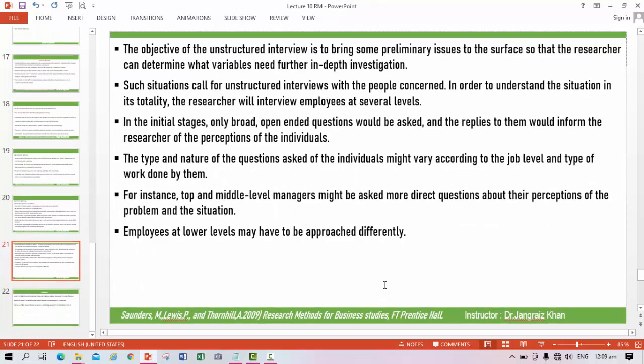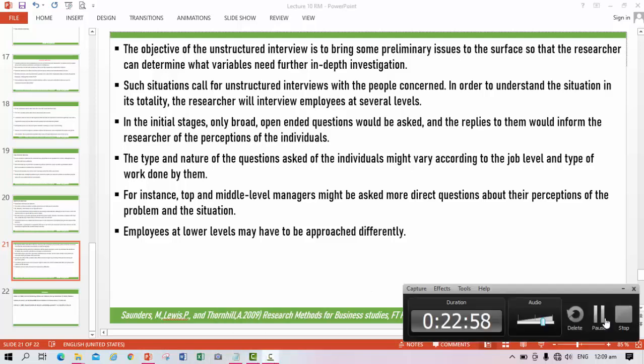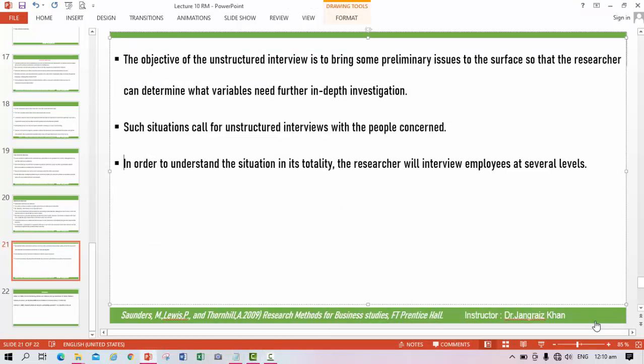The objective of the unstructured interview is to bring some preliminary issues to the surface so that the researcher can determine what variables need further in-depth investigation. Such situations call for unstructured interviews with the people concerned. In order to understand the situation, the researcher will interview employees at several levels.